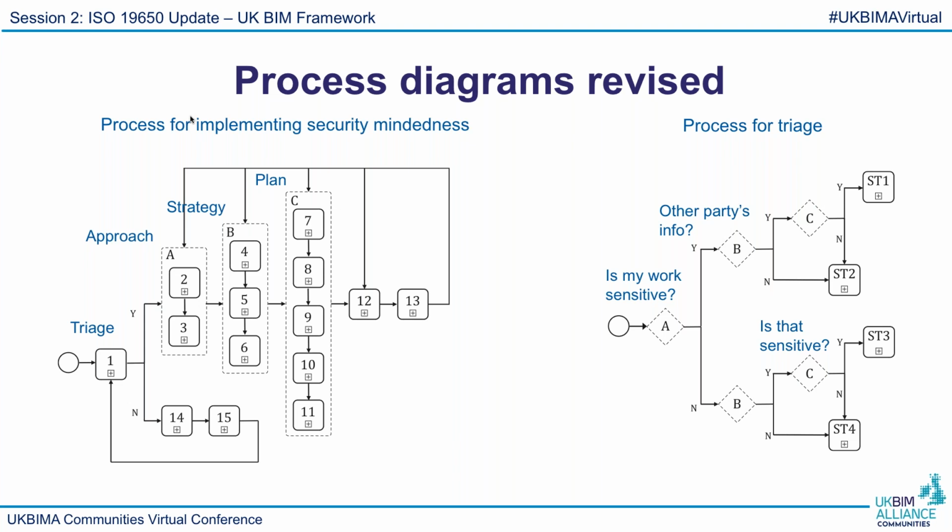Either ST4, which is the nothing special here, just ordinary commercial and personal data security needs to be applied, stepping up through ST3, 2 and 1, which require various levels of strategic outlining and then planning of security management and implementation to make sure that information is kept secure.